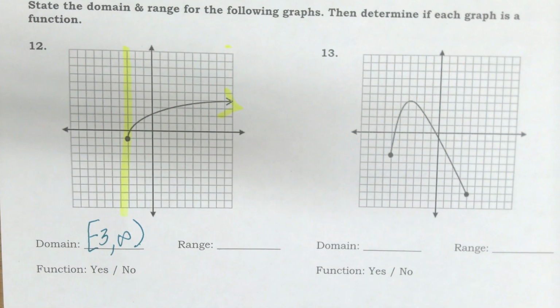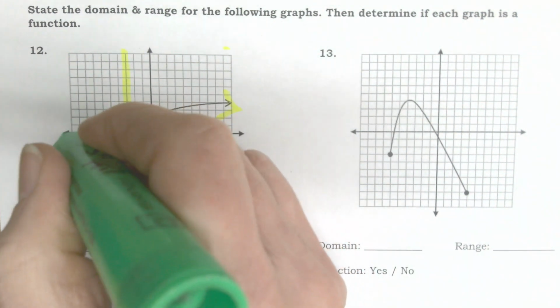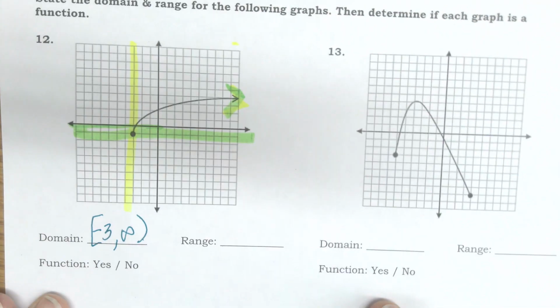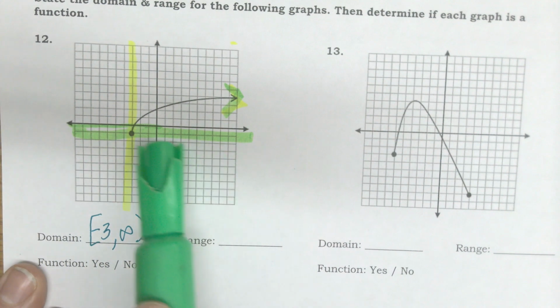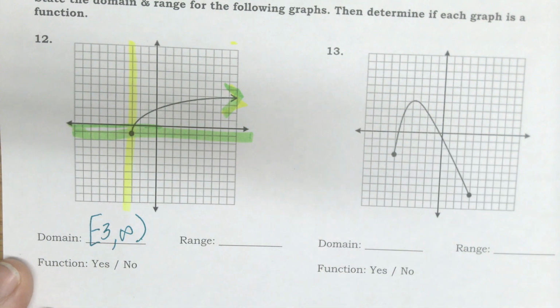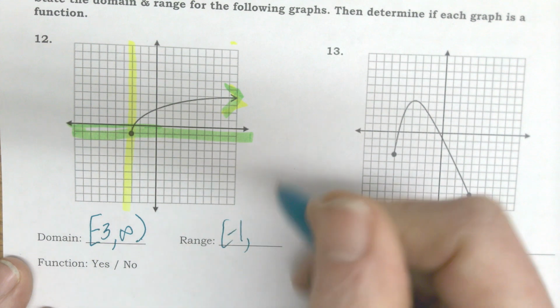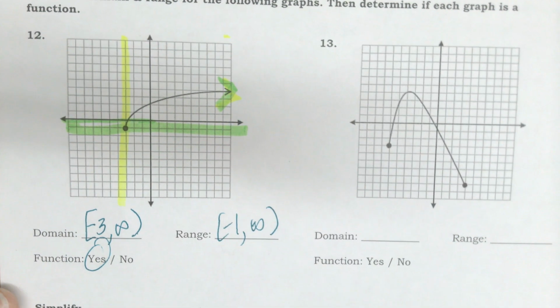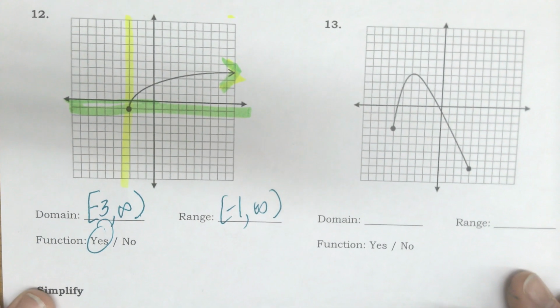Now when it comes to the range, I go from low to high, and it has an arrow on the top end there. And so when I follow along the low end, that crosses at -1 and goes to positive infinity as well. Is this a function? Yes, it is. It passes the vertical line test.